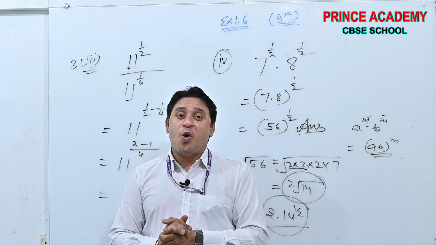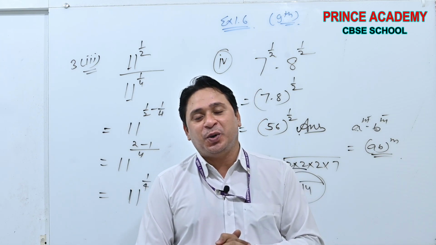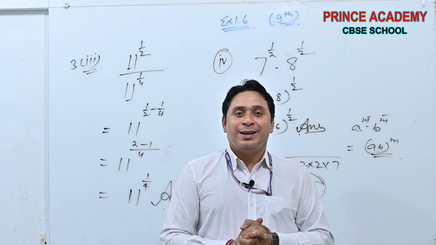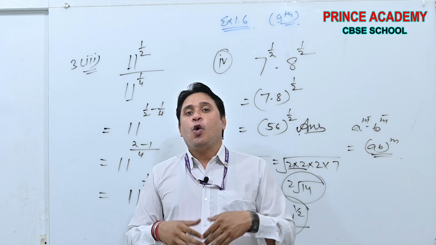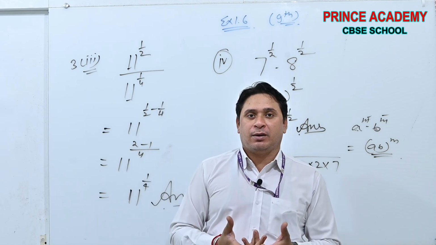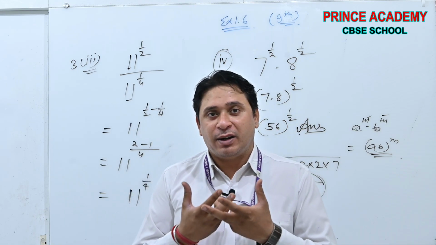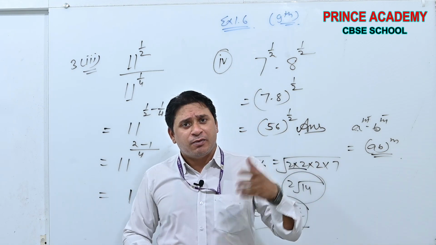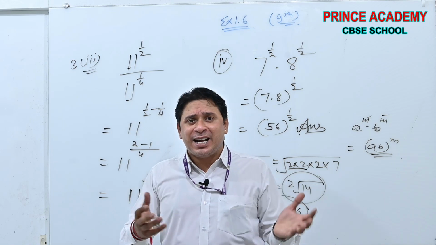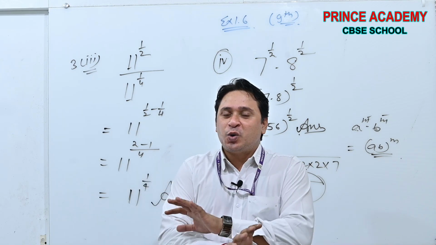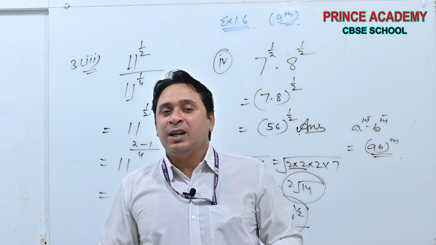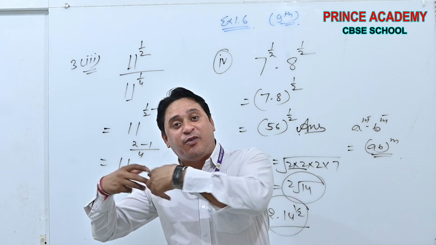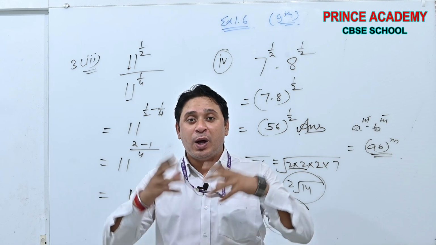See beta, you are all Princians, at least you should maintain the decorum of Prince. I know some haters are there who will definitely give negative comments on the video, but it doesn't matter. Haters are there, that's why we are ahead now. So we should not worry about them. But why are you Princians fighting in the comment section?